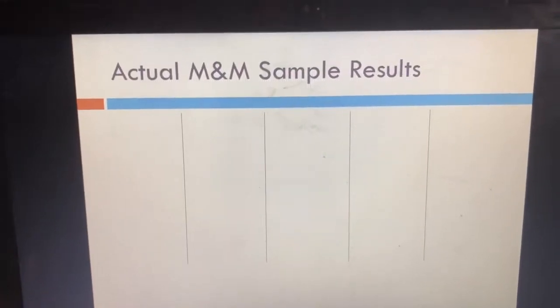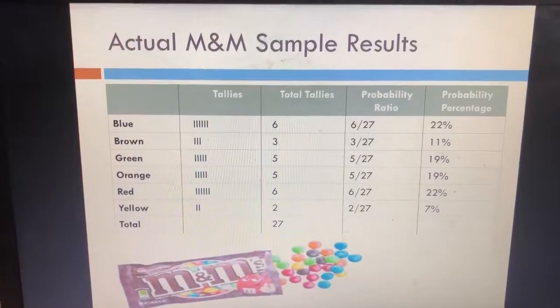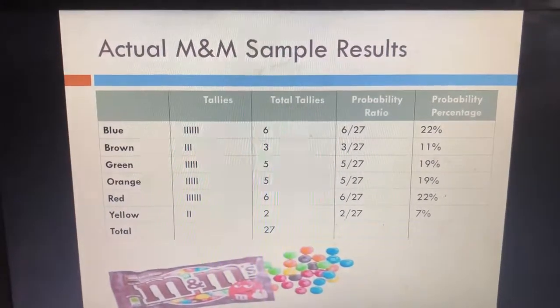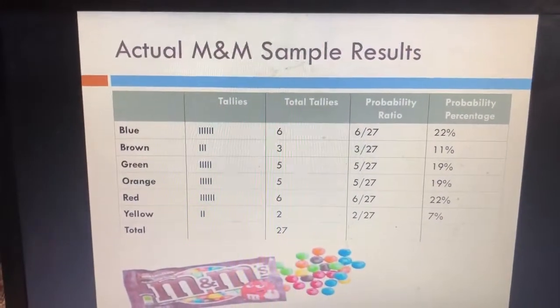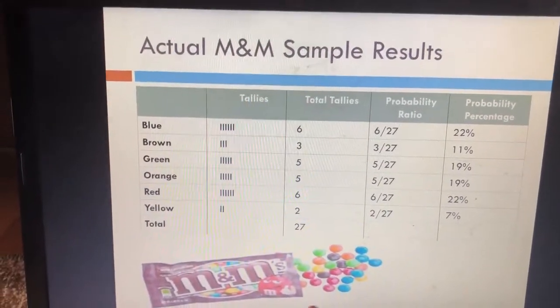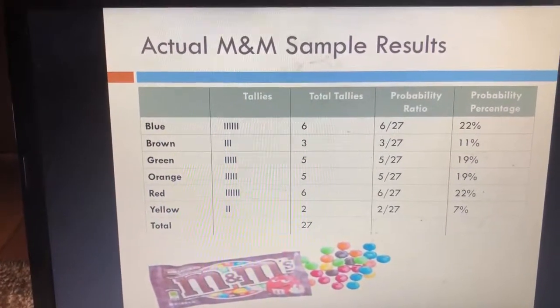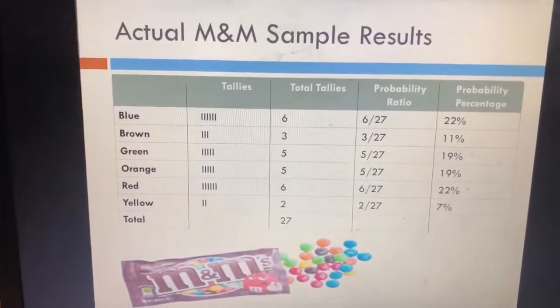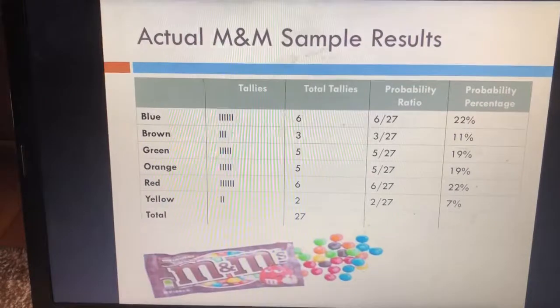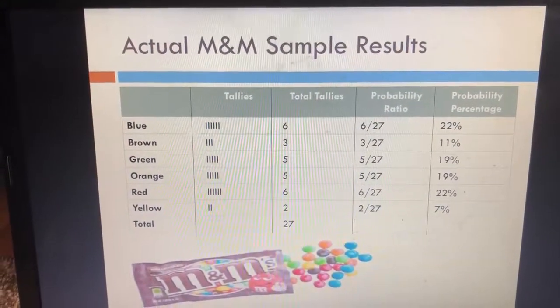All right, so in your journals, you have that same chart already glued in your journal. And as you can see here, I have taken this bag of M&Ms and I have my actual sample results here. So in my chart, in my journal, I have already started filling out my information.